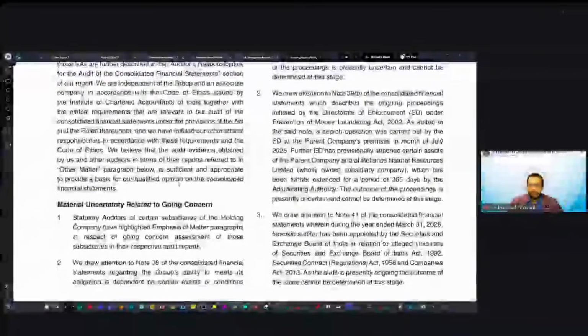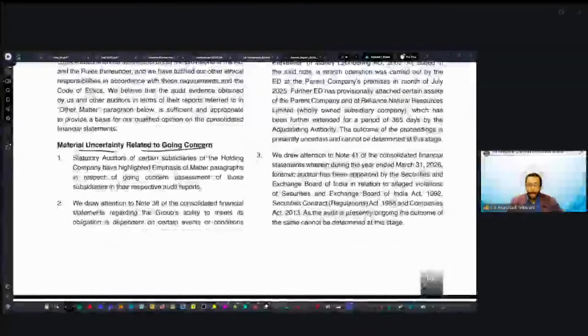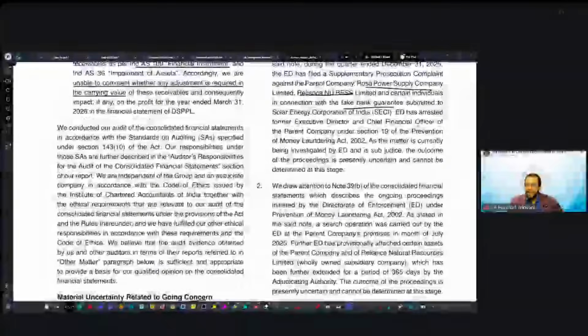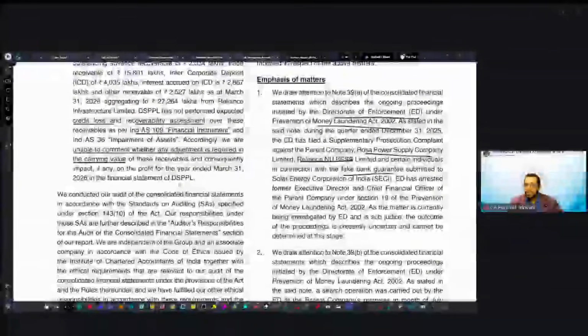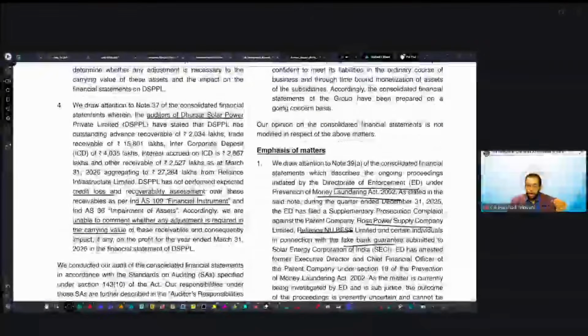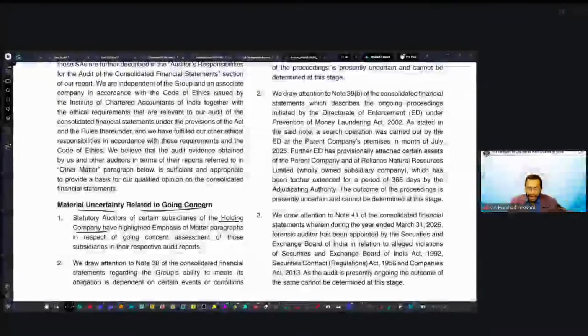Again, material uncertainty relating to the going concern. So not only the holding company has highlighted that, but there are other entities where this has been highlighted, which is part of the basis of qualified opinion we have already seen. So not only from the holding company's perspective, but as a group, they have evaluated whether the group is able to meet its obligation or not.